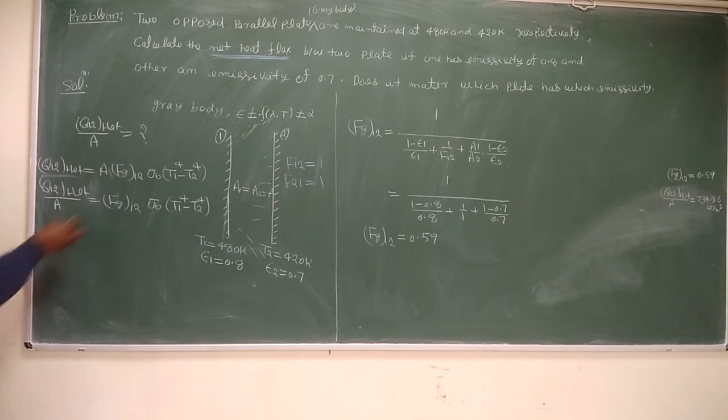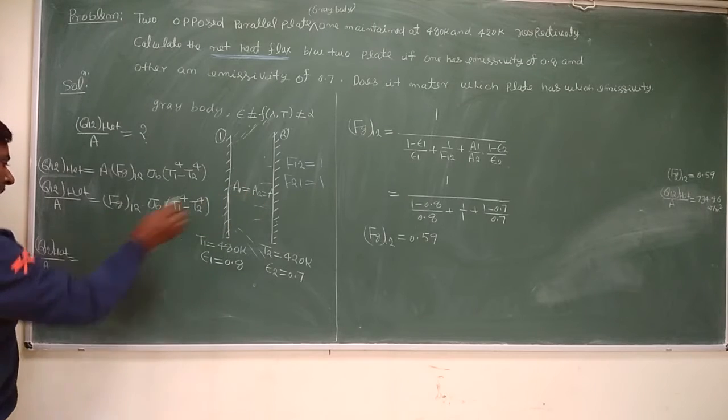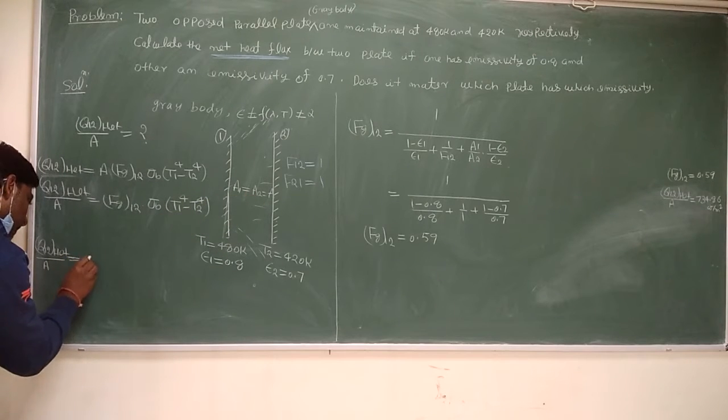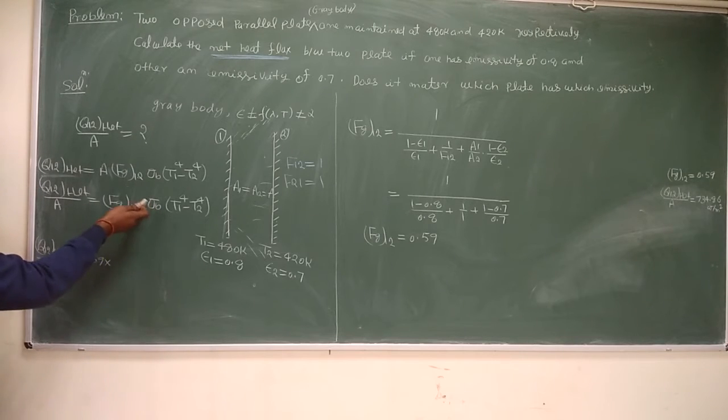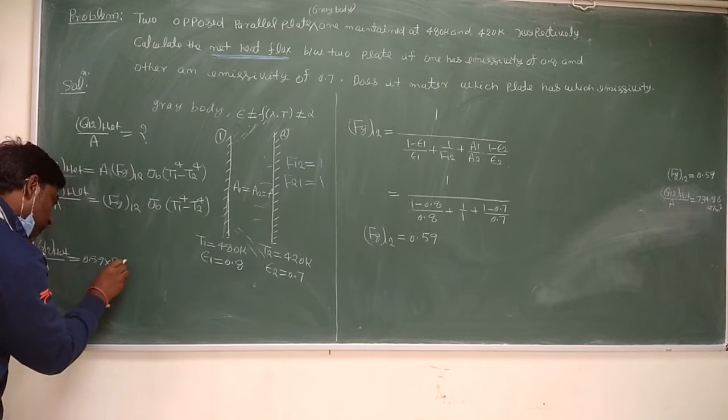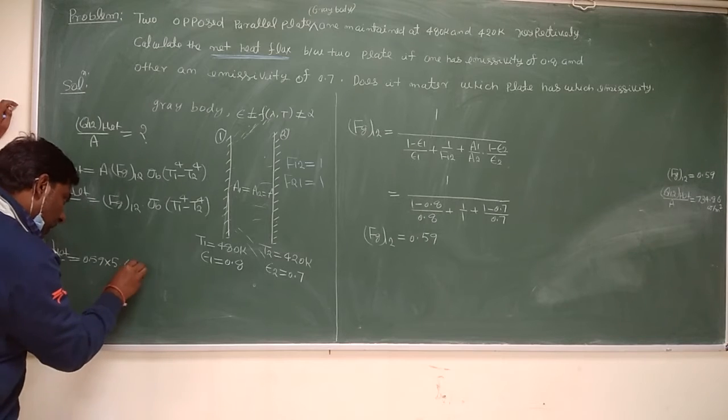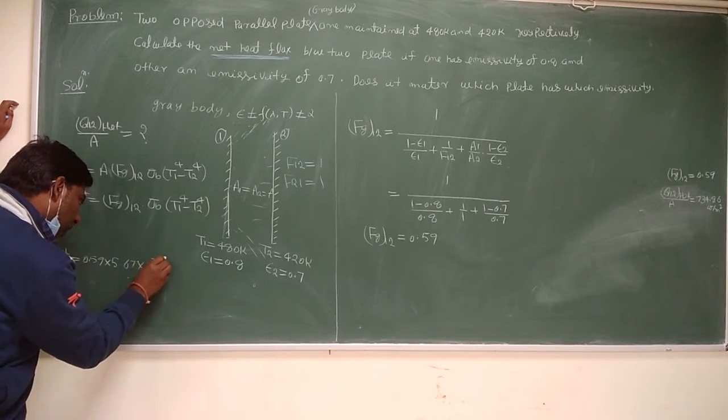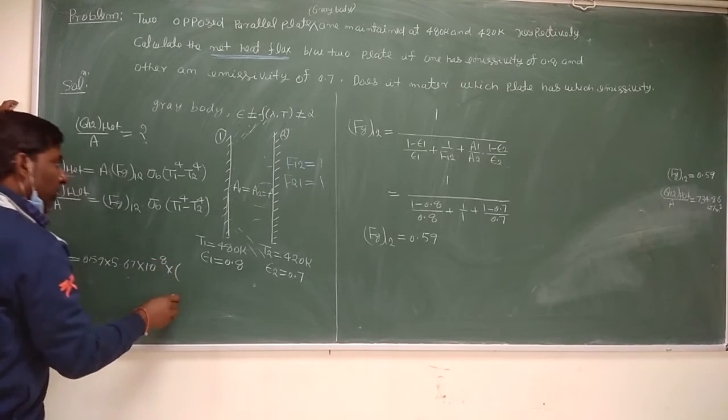Now let us put all the values here to calculate the net heat transfer rate per unit area. So Q1 to 2 net per unit area is equal to what? This Fg12, which you have calculated as 0.59, into sigma b, the Stefan-Boltzmann constant, whose value is 5.67 into 10 to the power minus 8, into T1 to the power 4.